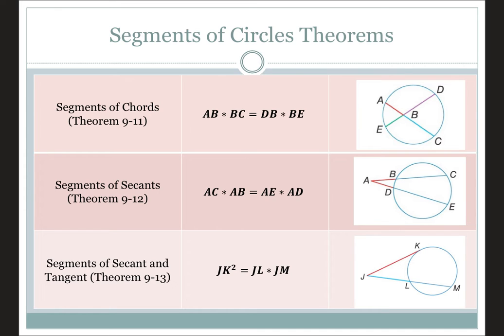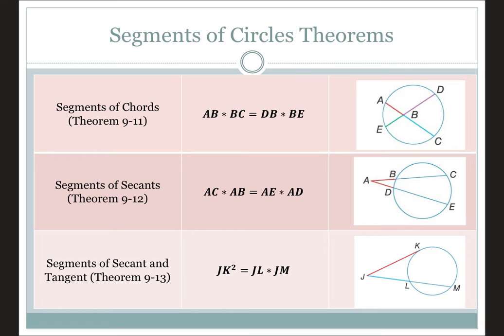Now, there are three main theorems in this section. First one you have is a segment of chords. When you have a segment of chords, you are going to multiply the pieces together and set them equal to each other.